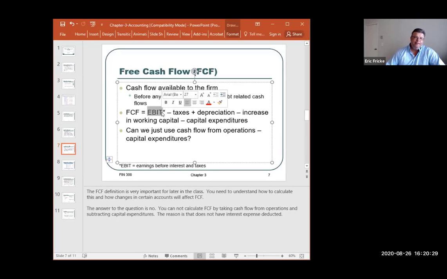Now here's one of the fun things about finance. You'll notice in accounting too, sometimes there are two or three words that mean the same thing, and different people will use different versions of the same word, and it can get a little confusing. And this is one of those things. I've seen some people call it EBIT, earnings before interest and taxes, but when you look at financial statements, a lot of times you'll see it called operating income.